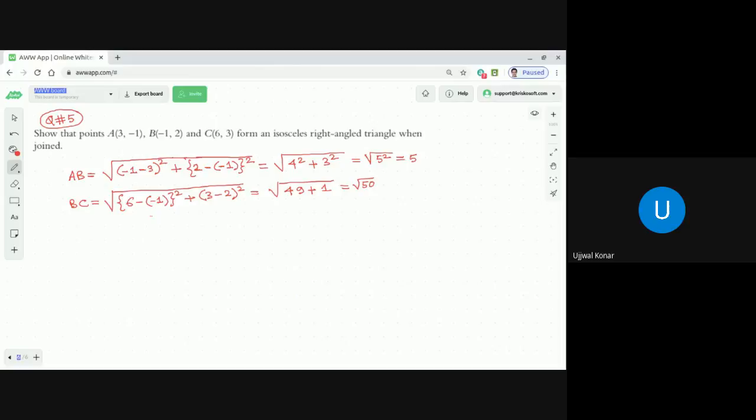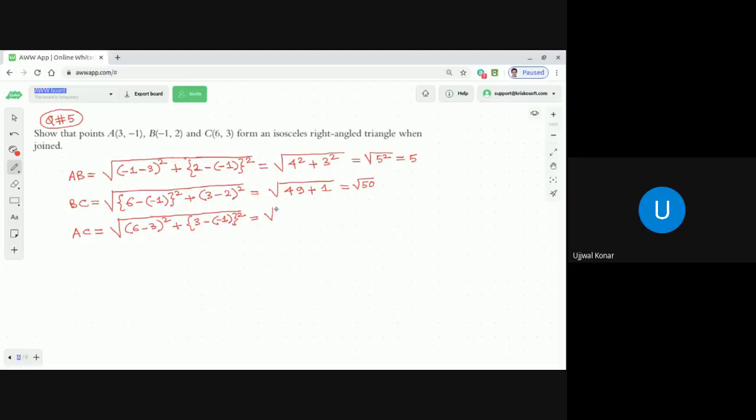Now we need to find AC, dear students. So that was 5. That is also 5. Very good. Appreciate. All of you are getting it. Kalpita, not hearing from you for a long time. No, sir, I'm doing it. Okay, great. So 6 minus 3, plus 3 minus minus 1 whole square.